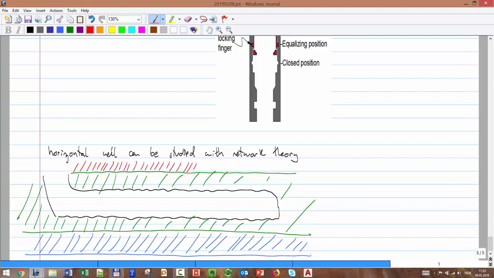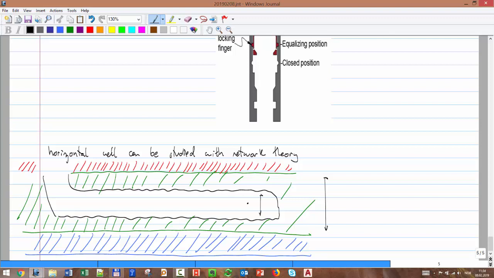Okay, and of course the scale is very exaggerated. We don't have such big holes in the formation. This is typically maybe 10 meters, 20 meters, and this should be something like 9 inch. Okay, so it's not to scale. So now I'm going to plot the pressure.